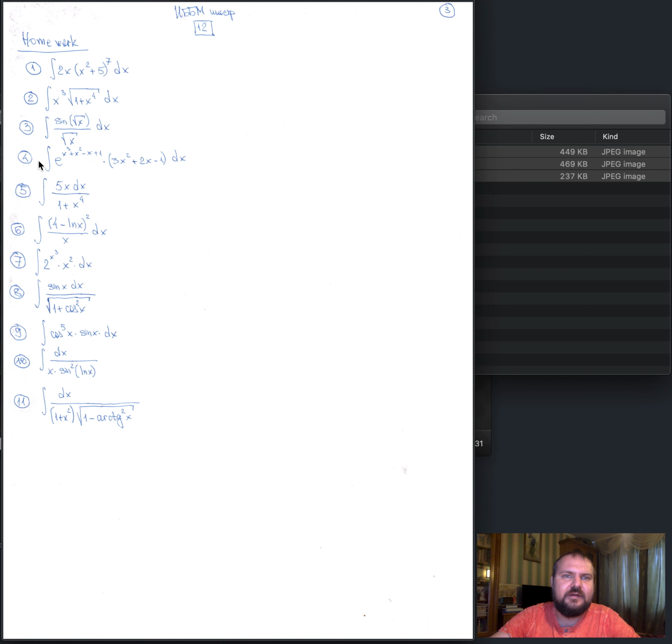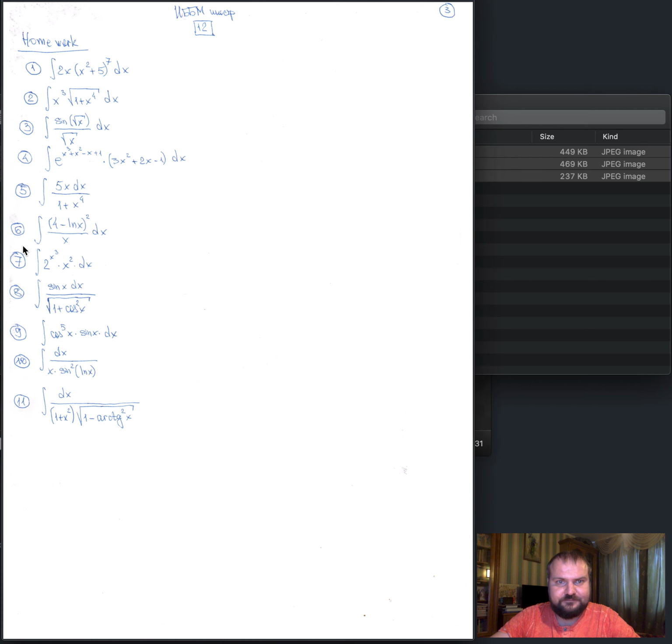And the third, the integral of sine of the square root of x divided by the square root of x dx. Number 4, the integral of e to the power x cubed plus x squared minus x plus 1 multiplied by the bracket 3x squared plus 2x minus 1 dx. Number 5, the integral of 5x dx divided by 1 plus x to the 4th.